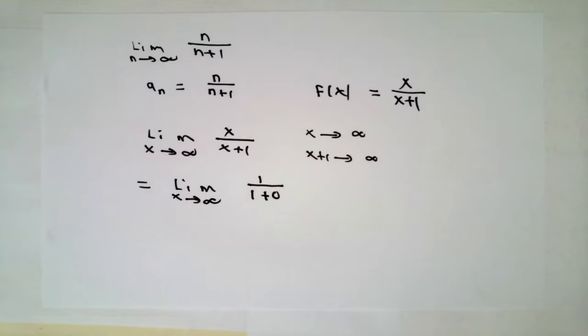The derivative of x plus 1 is 1 plus 0. The thing that I'm taking the limit of doesn't actually depend on x anymore. It's a constant. This is the limit as x tends to infinity of the constant value 1, which is 1. So we would say, by the f of x trick, the limit as n tends to infinity of n over n plus 1 is 1.